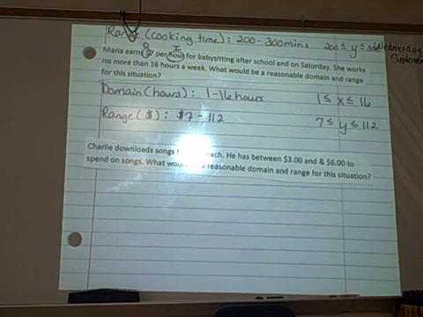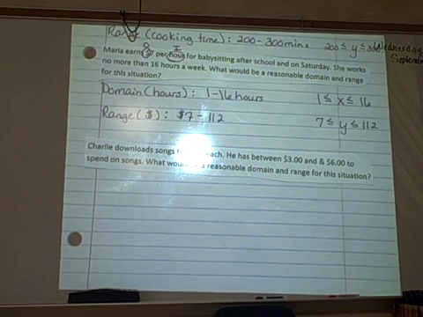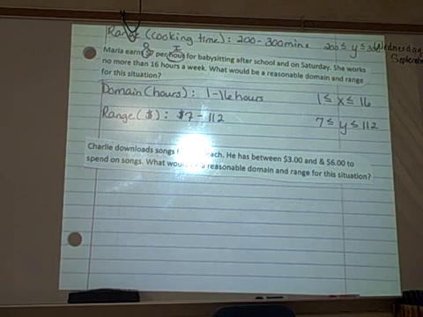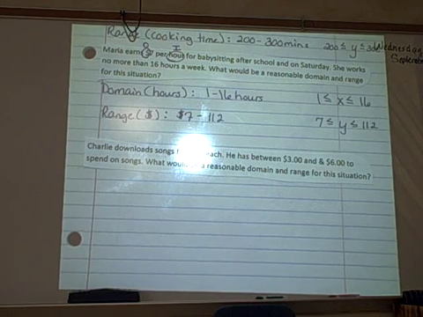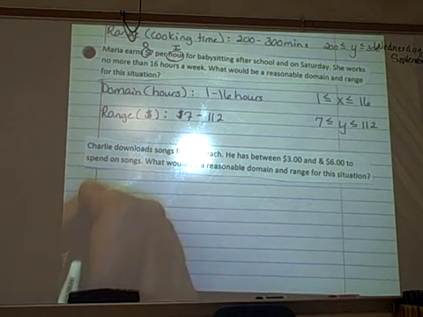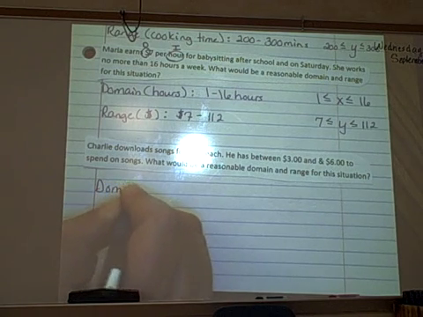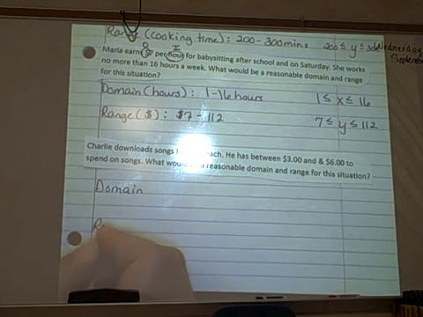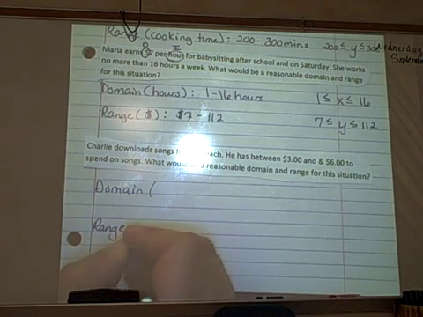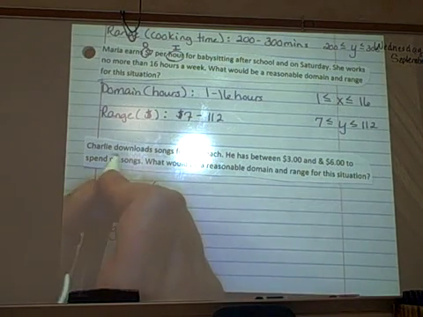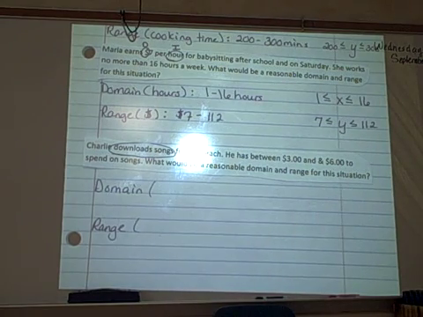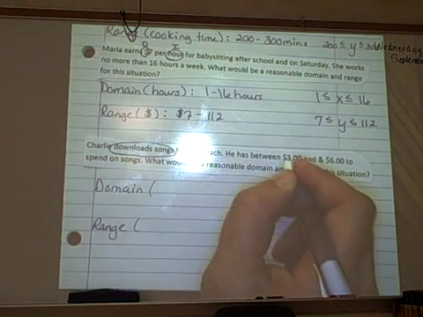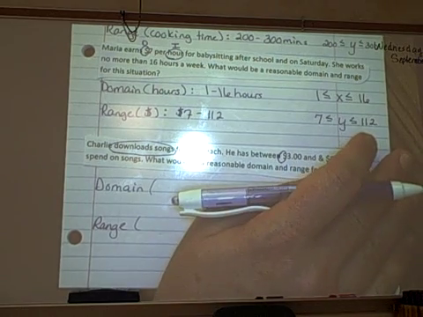One more. Charlie downloads songs for 75 cents each. He has between $3 and $6 to spend on songs. What would be a reasonable domain and range for this situation? Okay, first of all, we didn't do this on the other day, so we don't know already what the variables are. How many songs he downloads is one variable. How much money he spends is another variable.